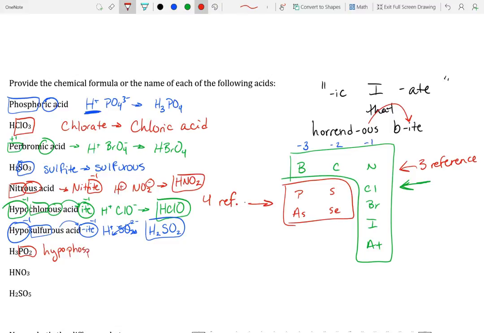So right here we have hypophos, and then remember ous means we also have the suffix ite. Hypophosphite. Let me just write that for now. Ite becomes ous, so this should become hypophosphorous acid. That's the name of that acid.